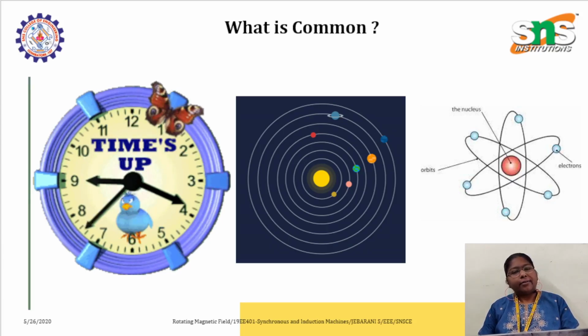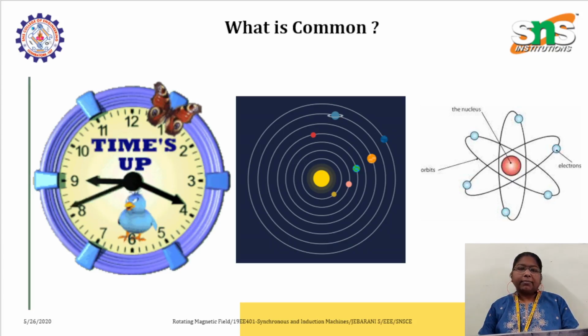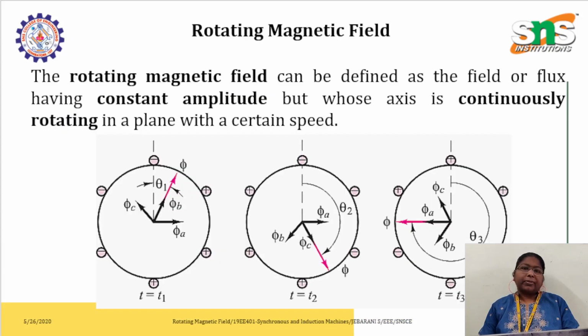Earth revolves around the sun at a constant speed. In the same way, electrons spin around the nucleus at a constant speed. The same thing exists in a magnetic field also.